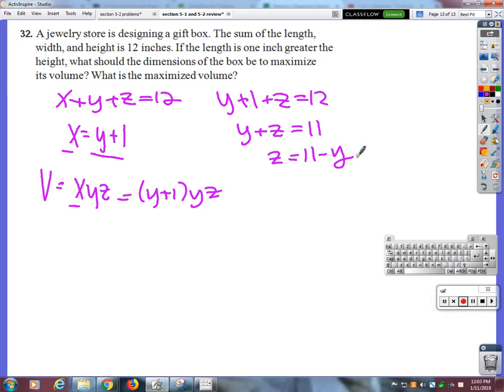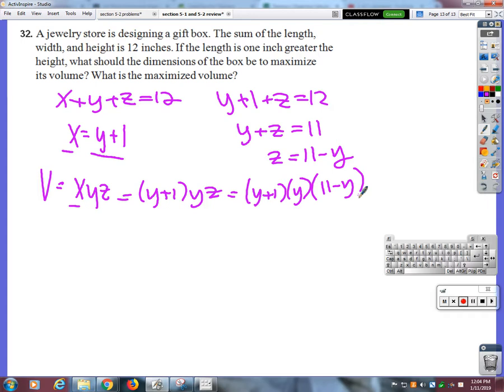You getting all this, Ariel? Zoe, you got this? You're paying really good attention. I appreciate that. This isn't going to be on anybody's quiz next week except for yours. So now I can rewrite this as y plus 1 times y, and instead of writing z, I can write 11 minus y.